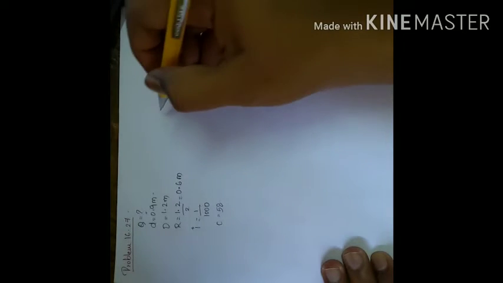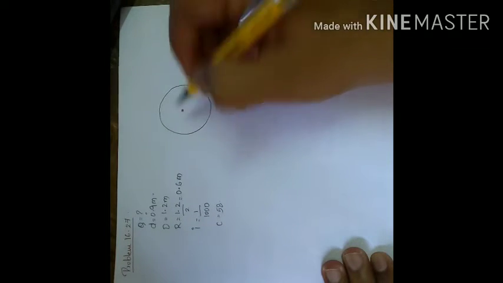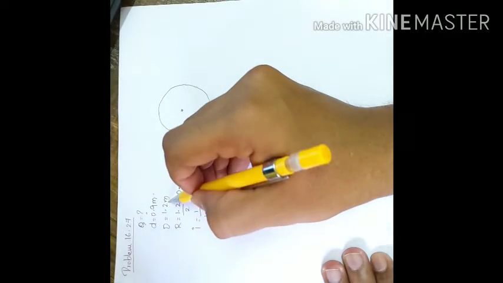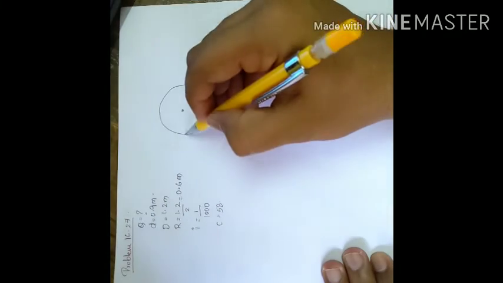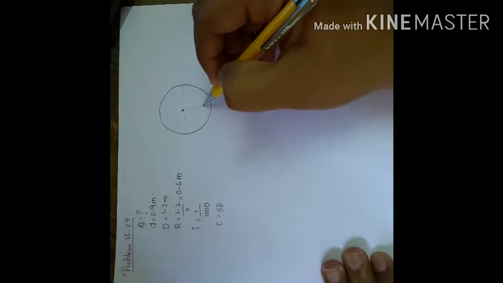Now with this data, we will try to plot the figure. So now we can see the diameter is 1.2, and this height will be 0.6.